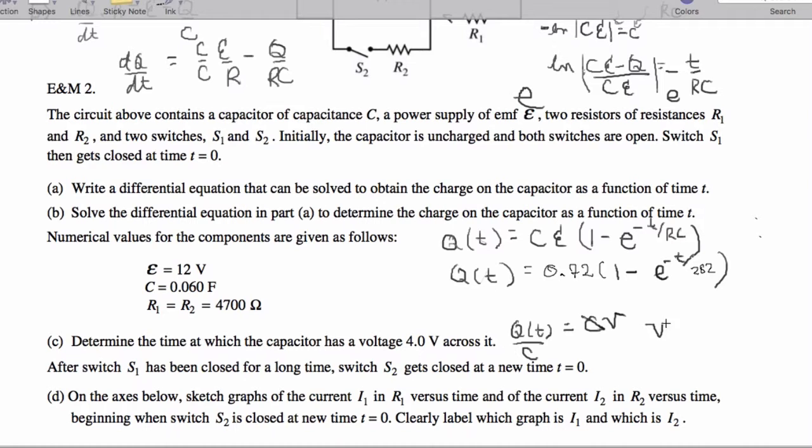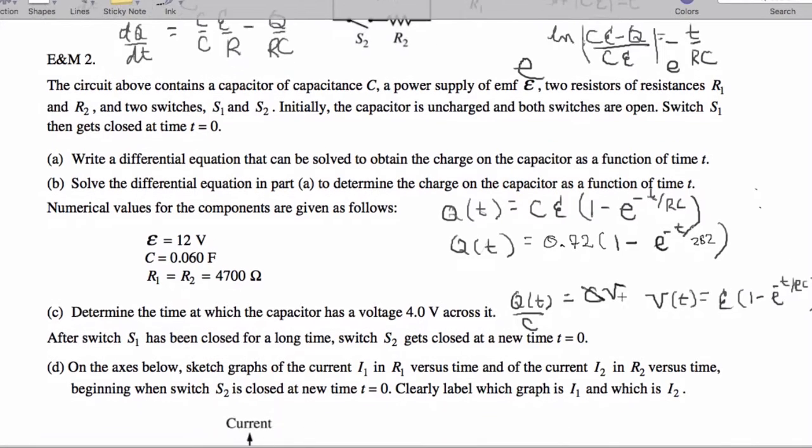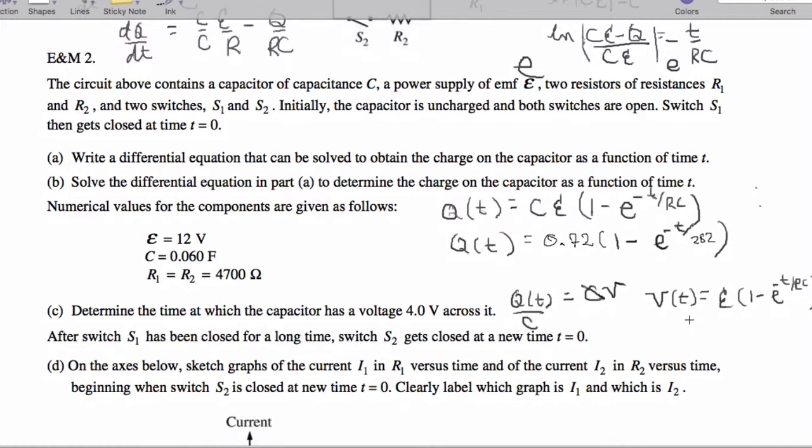It turns out the voltage across the capacitor is going to equal the EMF times 1 minus e to the negative t over RC, like that. So what we can do is plug in 4 and solve for the time, which we will not do right now.